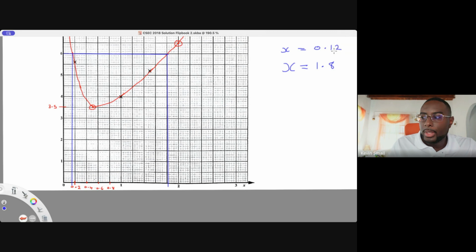But of course, your graphs may be different. My graph was not as accurate, especially in this curve part here. So who knows? It could very well be like 0.16 or something else. Okay, but that is what I got.